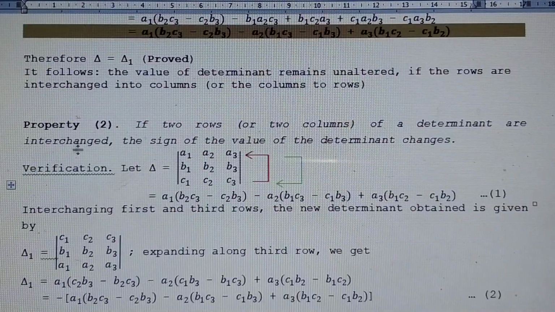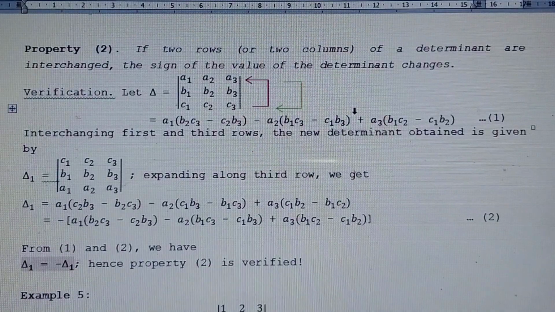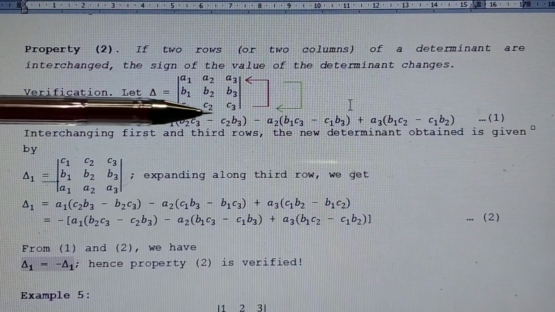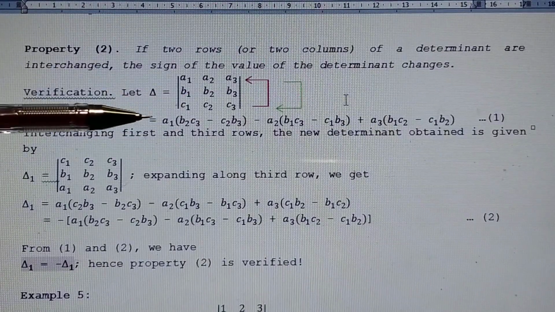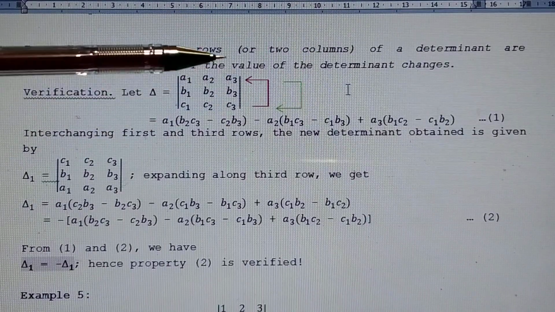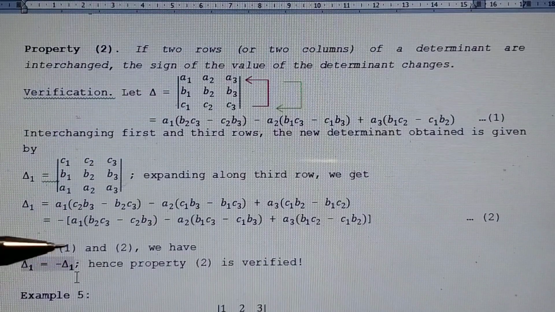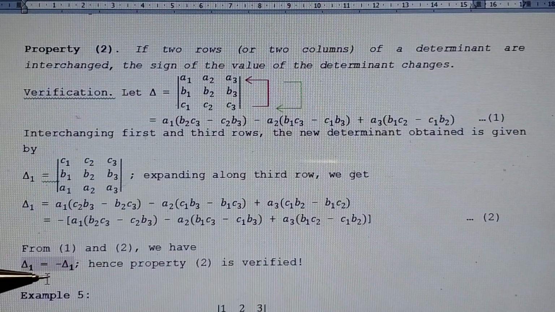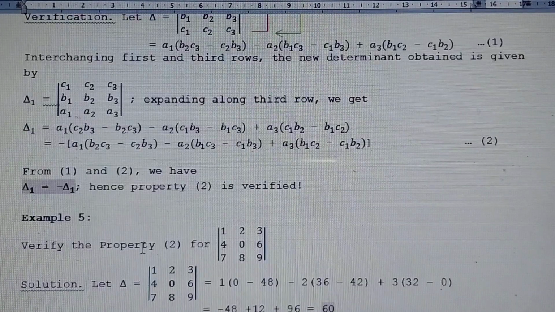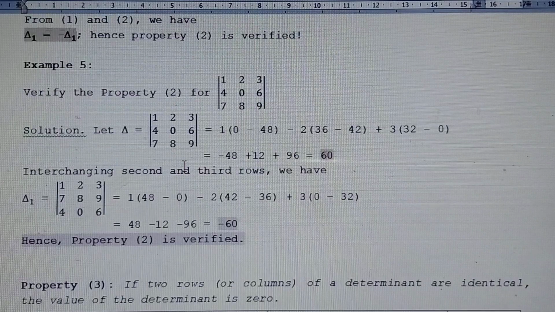Property 2: if 2 rows or 2 columns of a determinant are interchanged, the sign of the value of the determinant changes. For example, let's interchange row 3 and row 1. Then when you compute the original, whatever the sign of the original, after interchanging, it is different. Just like this, when it is proven, a sub 1 becomes negative a sub 1. So that is one of its properties.